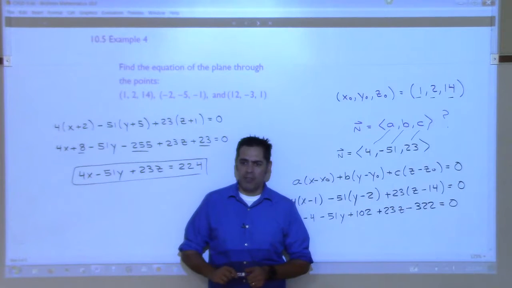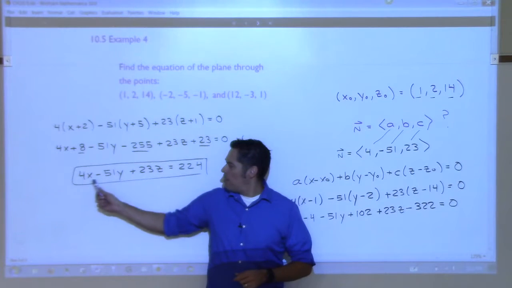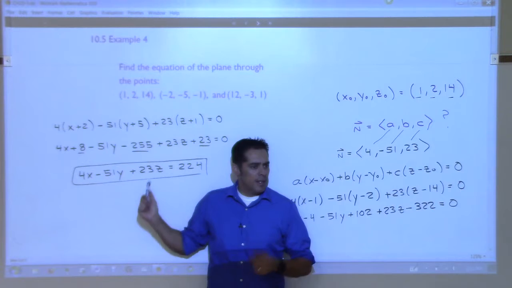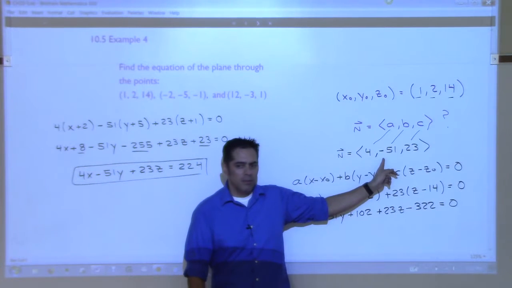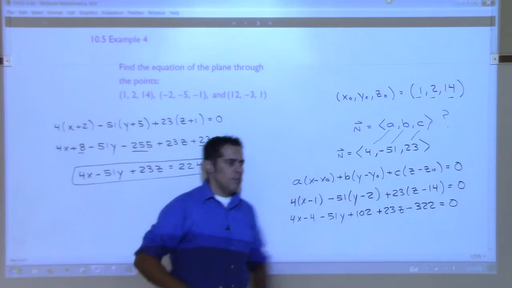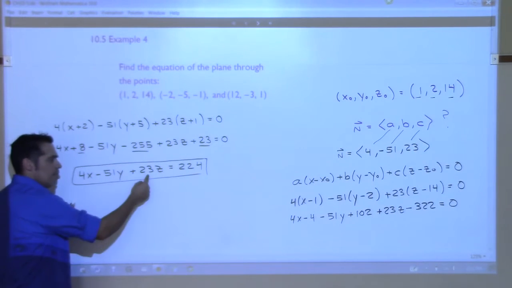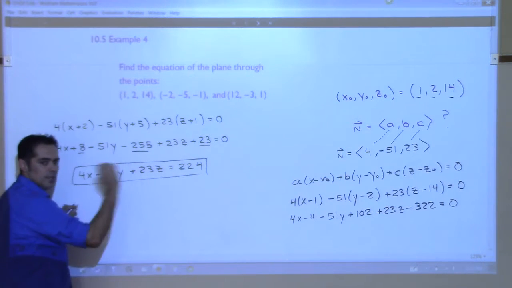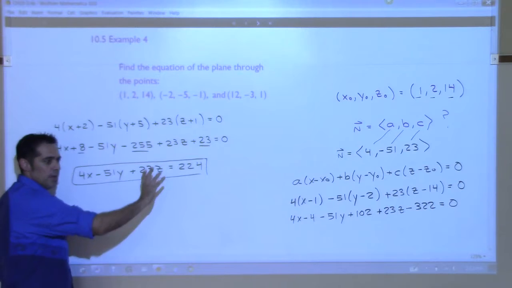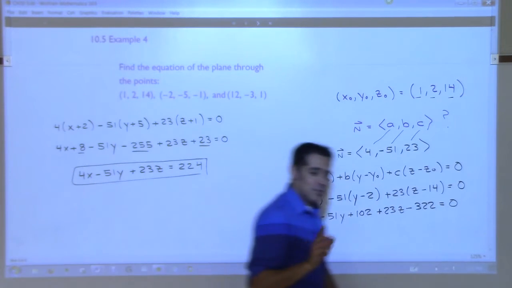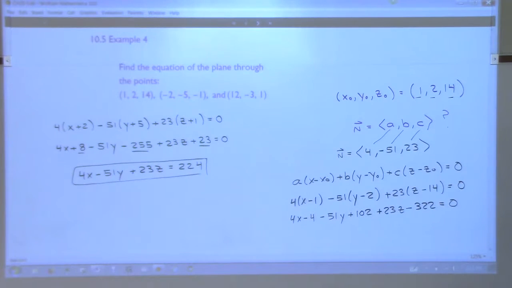It's just the coefficients, isn't it? 4, negative 51, 23 is the normal vector, always. So if you ever have an equation of a plane written out like this, that number, that one, and that one are your normal vector, the coefficients. Very easy to grab the normal vector from the equation of a plane. And that is super important. Questions on that?